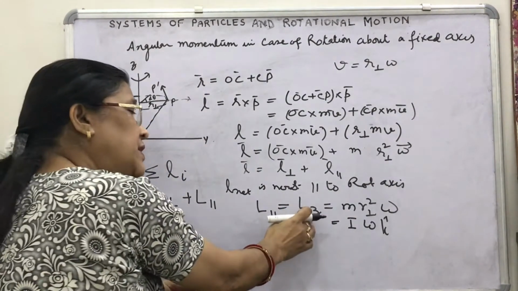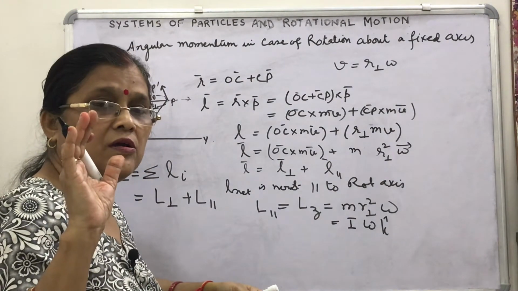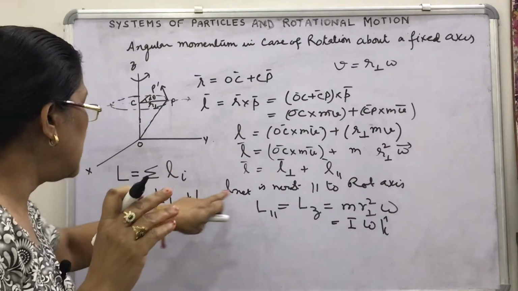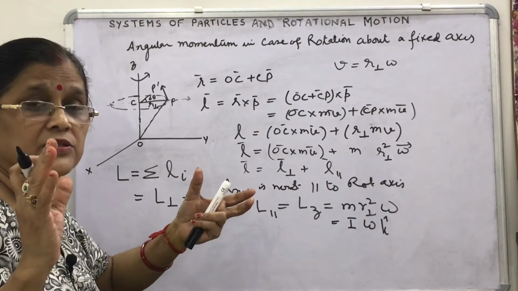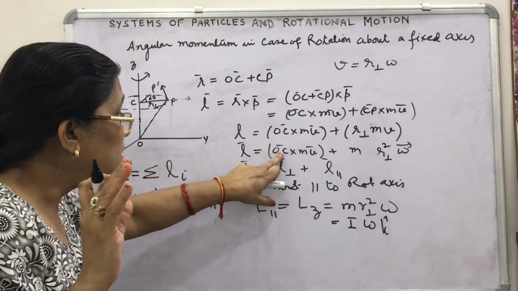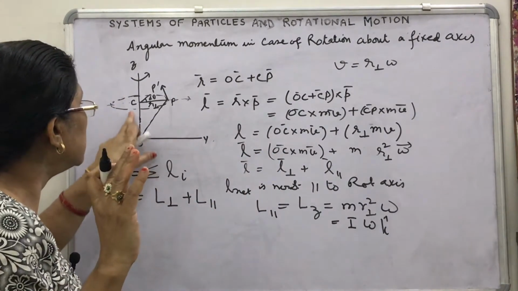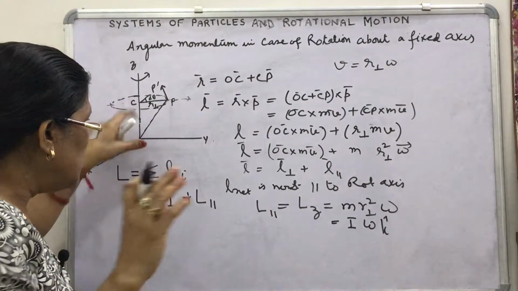So Lz will remain constant for the symmetrical objects. What about this component, this OC cross MV for other particles? Look, for the axis OC, this OC part of the position vector will remain the same.